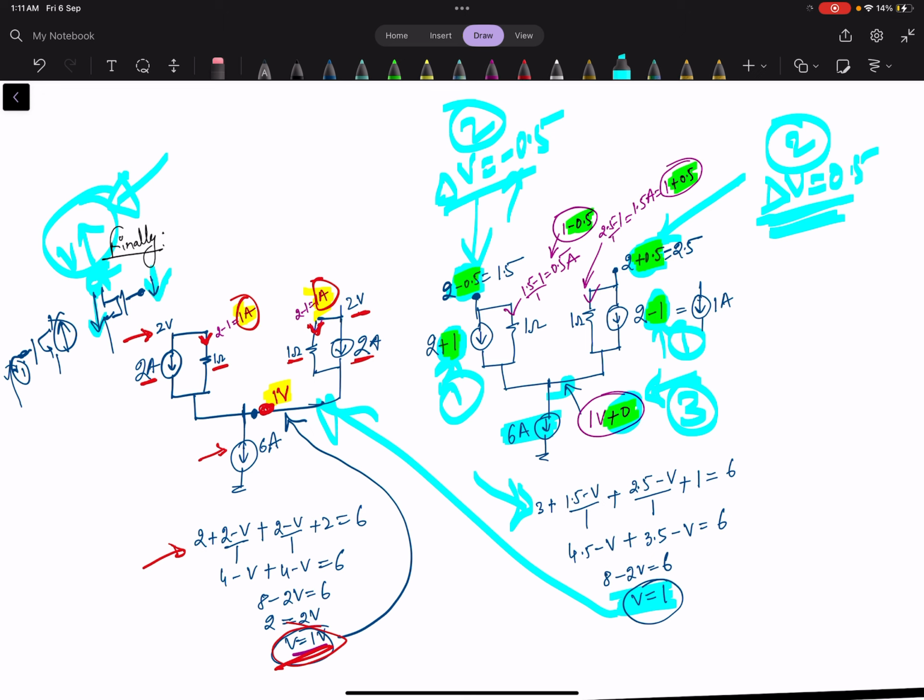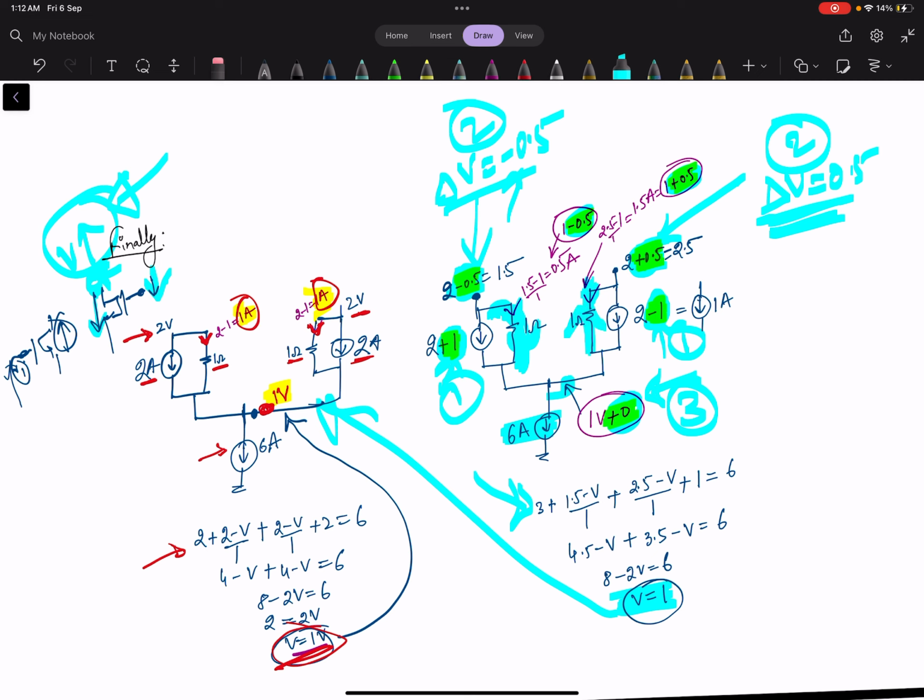From here you can also see that the current through this resistance decreases by 0.5 ampere, and in this branch the current increases by 0.5 ampere. So the decrease in the current in this resistance is equal to the increase in the current in the other.